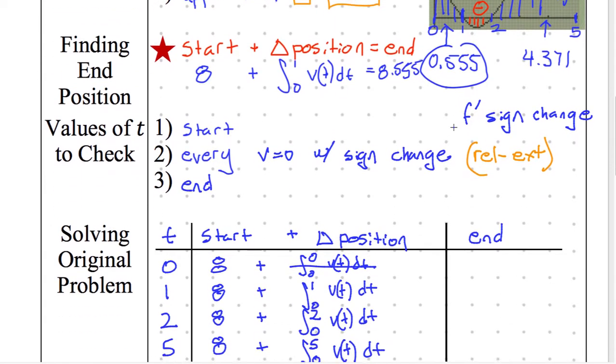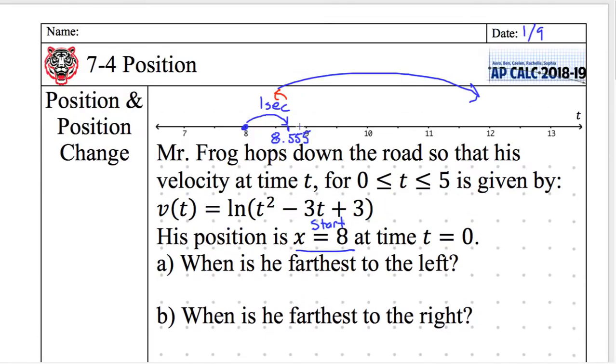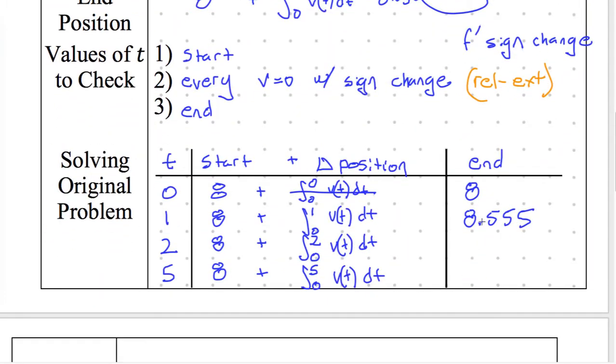So what is this end position at time equals 0? 8 plus 0 is? 8, good. 8 plus, I know the integral from 0 to 1 is 0.555, so it's going to be? 8.555. Notice that these table values refer to what's happening on this number line right now. Now I'm going to subtract 0.186 from 8.555.